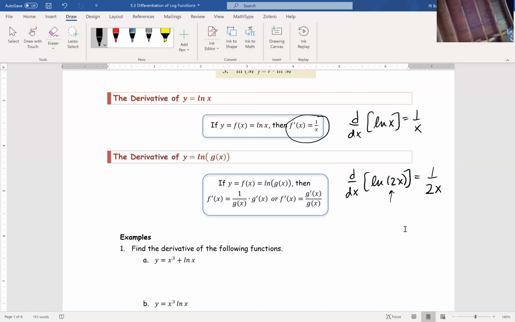So the derivative of 2x is 2. In this case, we just get 1 over x again. So in general, the derivative for a log that has something else besides just x plugged in is 1 over whatever that inner function is, times the derivative of the inner function.